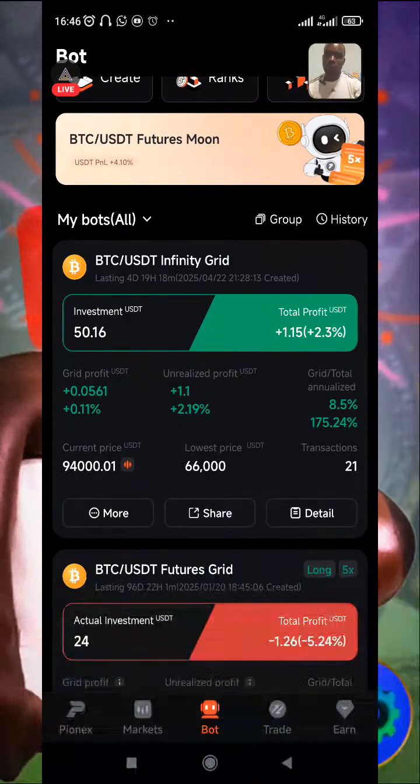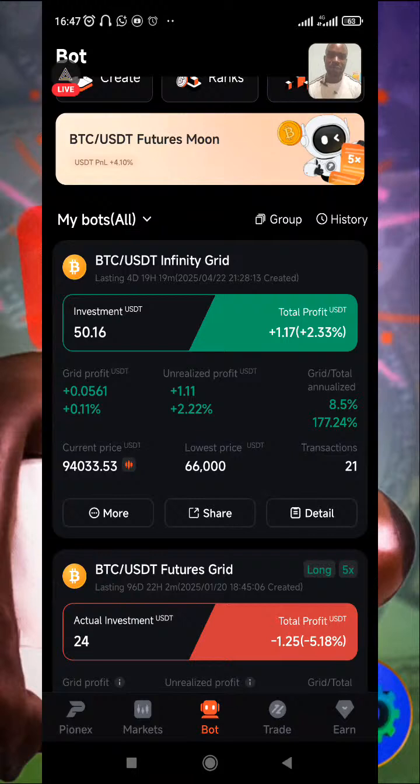So whether the market goes up or down, your profit doesn't appreciate or depreciate in value. But now when you are running a Bitcoin Infinity bot, when the price of Bitcoin goes up, you have two ways to earn. You have the price appreciation, and you also have the Bitcoin or the sats coming into your wallet. So this is a perfect bot.